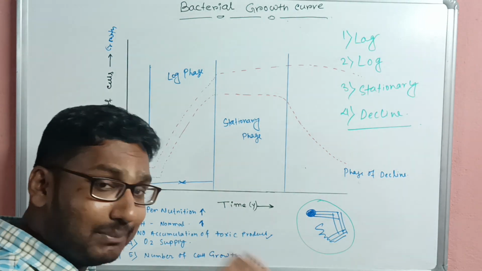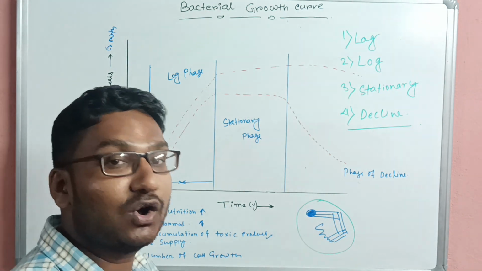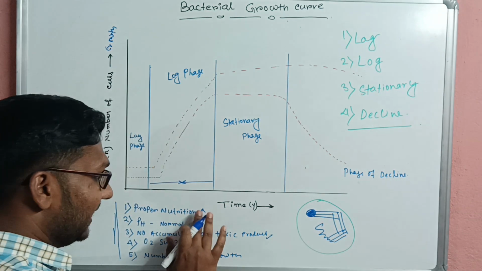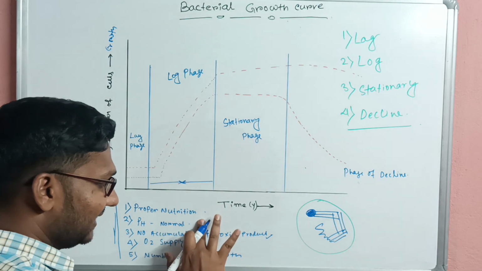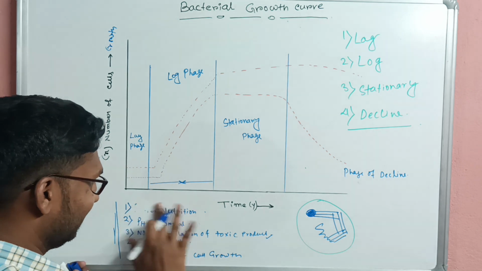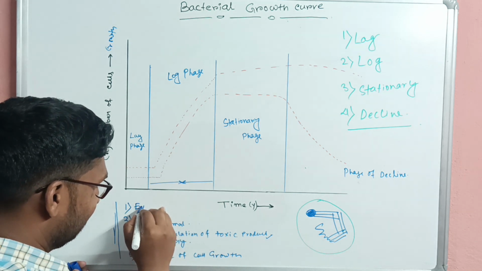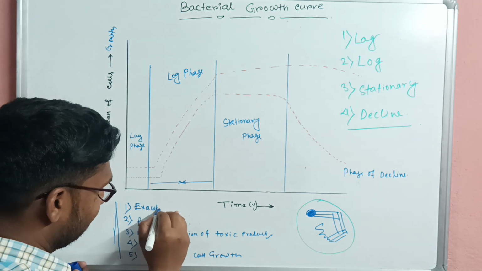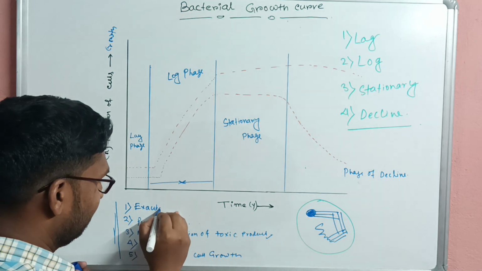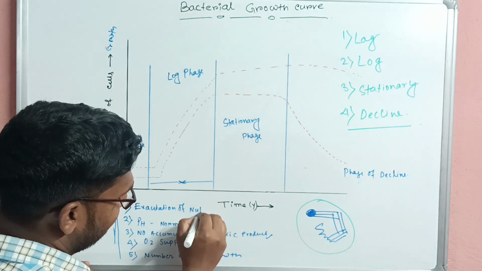Now comes the third point, stationary phase. What will happen after rapid growth, or completion of the log phase? Nutrition is not proper. What happened? Exhaustion of nutrition.